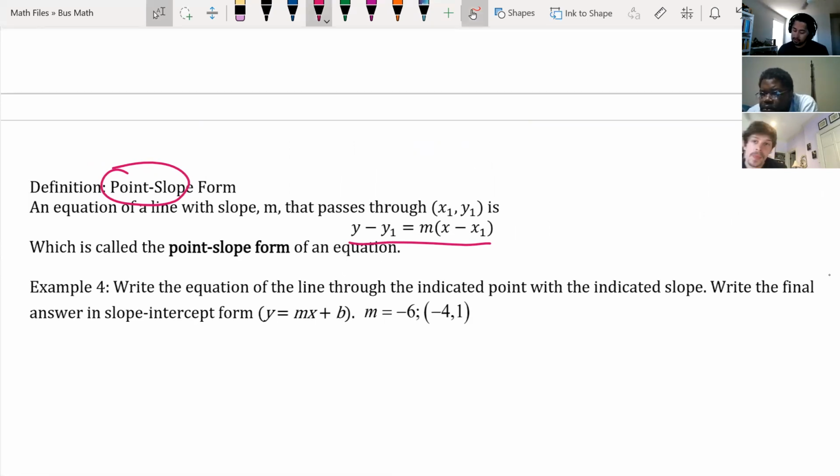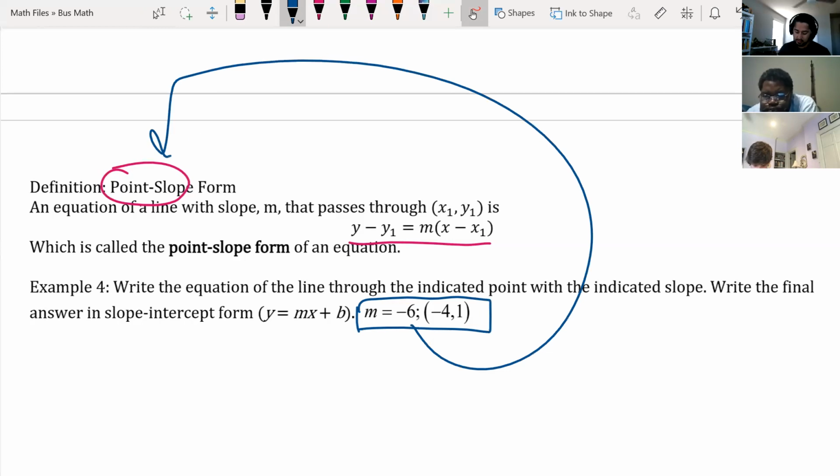Okay, so here they are giving us the clues. They're giving us that the slope is -6 and the point is -4, 1. They're giving us a slope and a point, meaning we can use the point slope formula because that's everything we want.